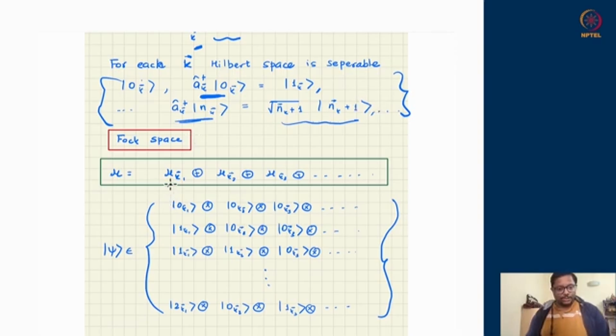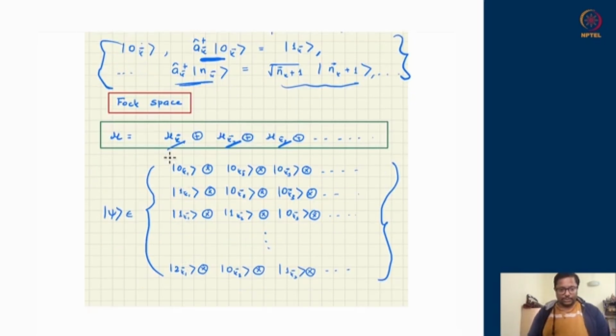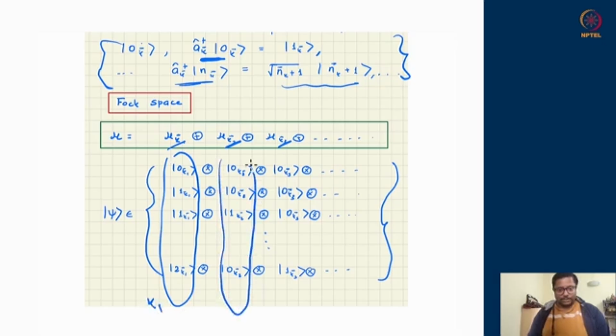Total Hamiltonian is oscillator number 1, oscillator number 2, oscillator number 3, and so on, all oscillators put together. Their Hamiltonians are in direct sum, while their states are in direct product. So you see, you can have the first oscillator in any of these states or their superposition. The second oscillator could be any of these states, this or that, or their superposition, and so on.